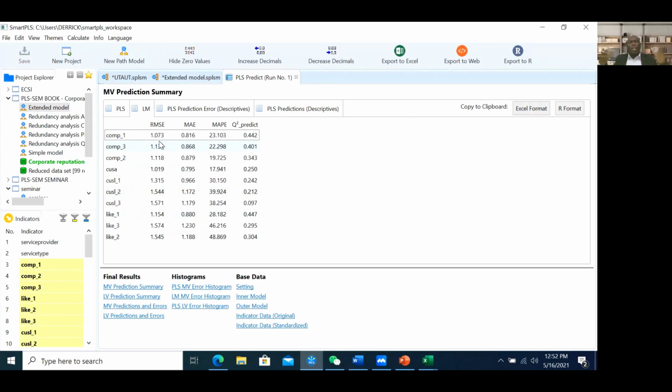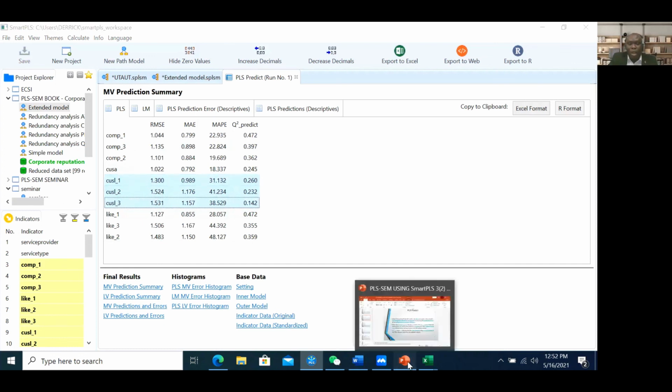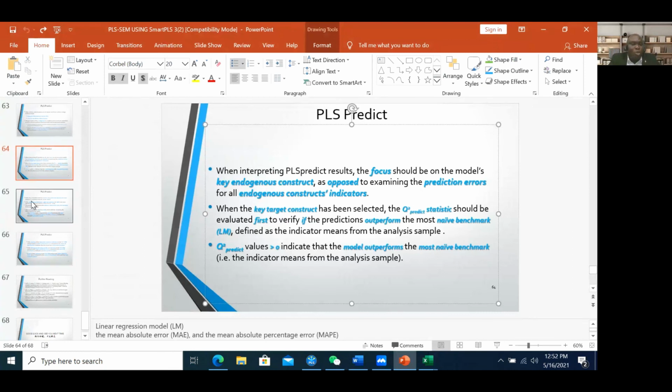So it sets a benchmark of error and that's a comparison. The LM tab is the linear regression model tab. So you compare these values under the LM tab with their corresponding values under the PLS tab.